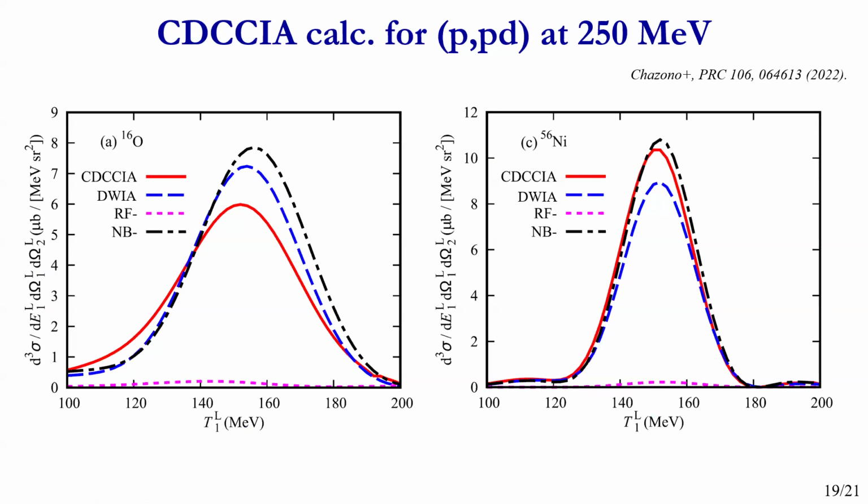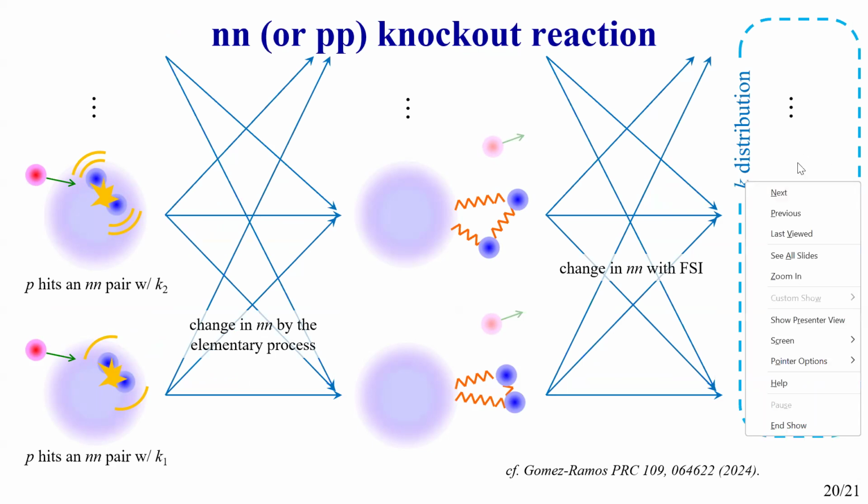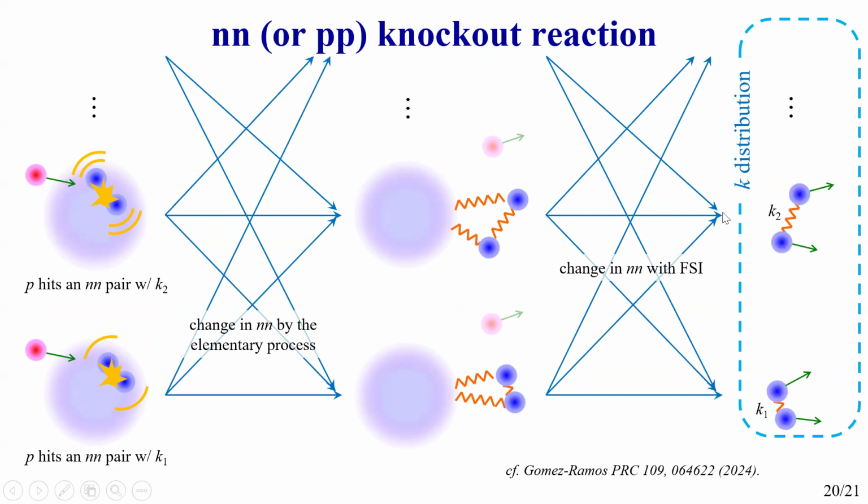CDCCIA can be applied to dineutron knockout or diproton knockout reactions. And in this case, we should treat these reaction paths.